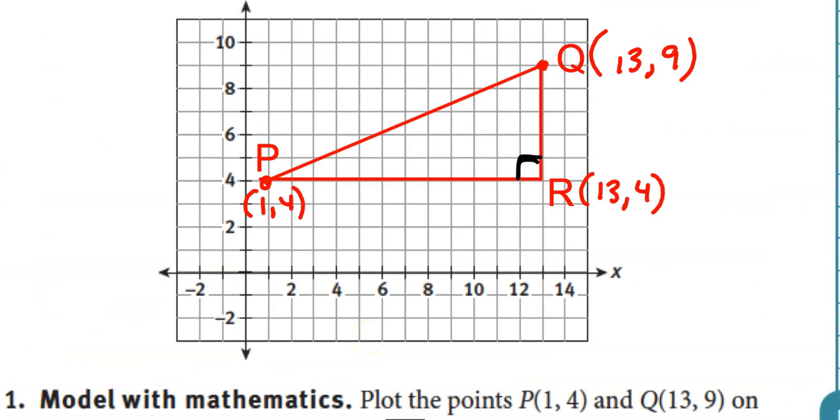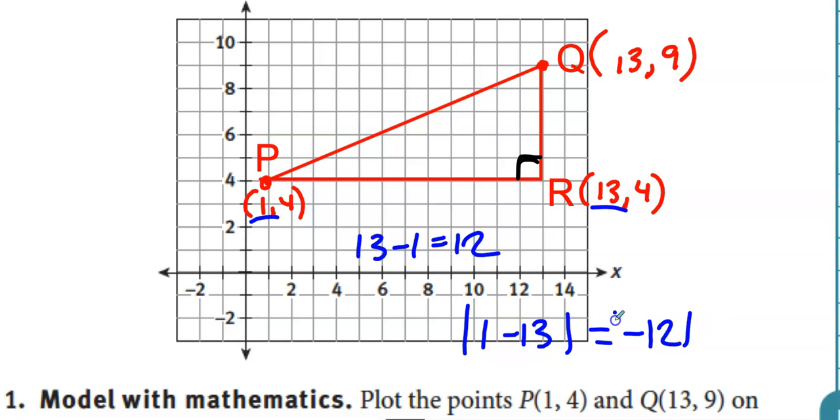Going back to the segment addition postulate, if I look at my X values, I could subtract them. So you could do 13 minus 1 to get 12 units. Or you could do 1 minus 13, but we have to make sure to take the absolute value because segments cannot be negative numbers. So 1 take away 13 is negative 12. Again, take the absolute value to get 12.